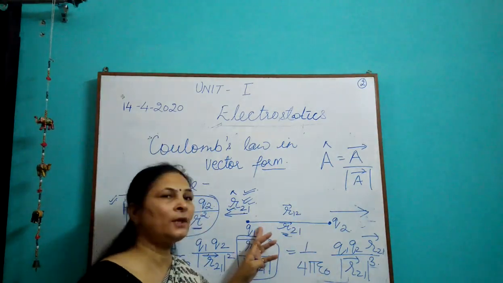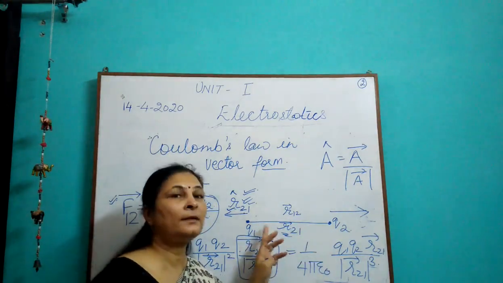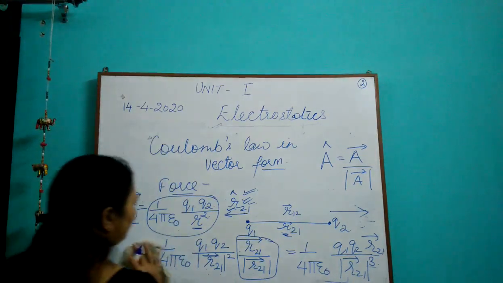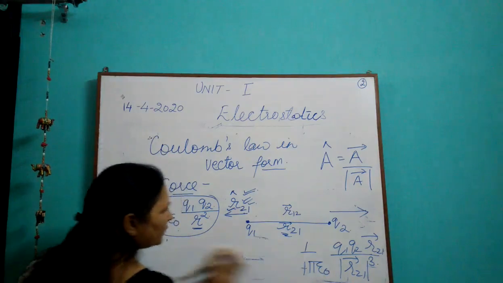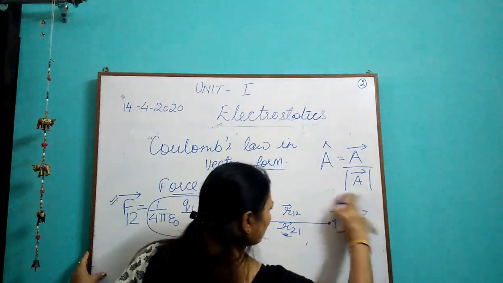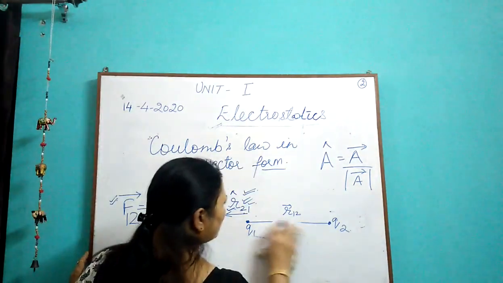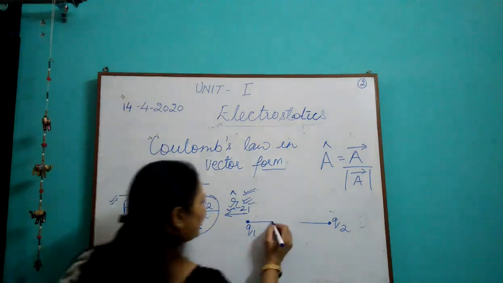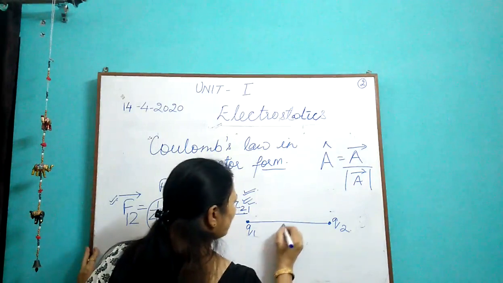Now what will be the change if the two charges are dissimilar? One is positive and another is negative. See, the distance between the same two charges is going to remain the same, say R only.